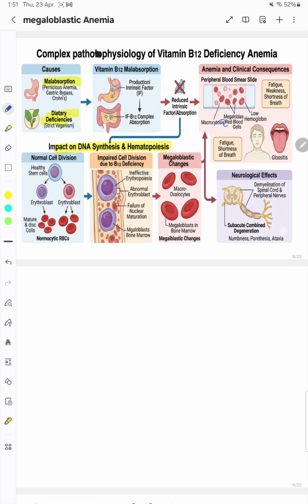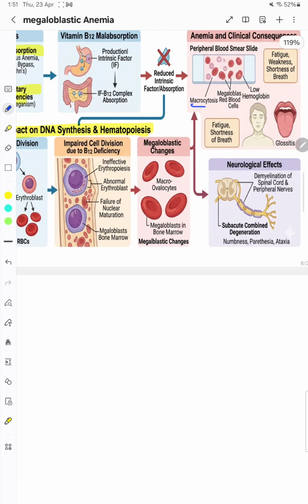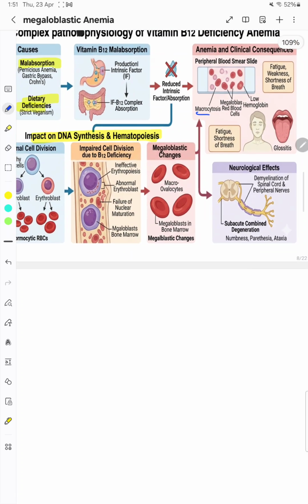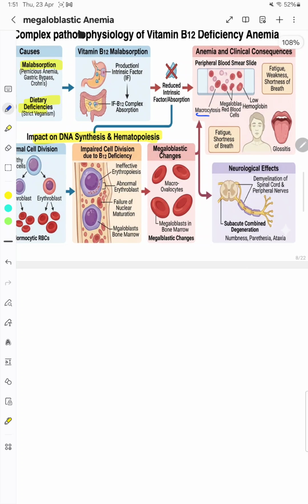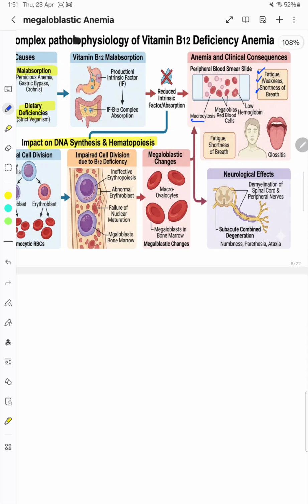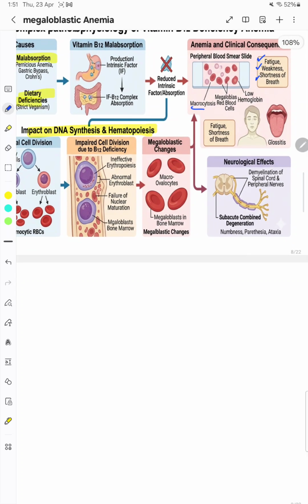On peripheral smear, there are macrocytes, megaloblasts, and low hemoglobin on CBC. Due to anemia, there is fatigue, weakness, and shortness of breath. As we have discussed, vitamin B12 deficiency will result in increased MMA and homocysteine levels, and they cause myelin damage.